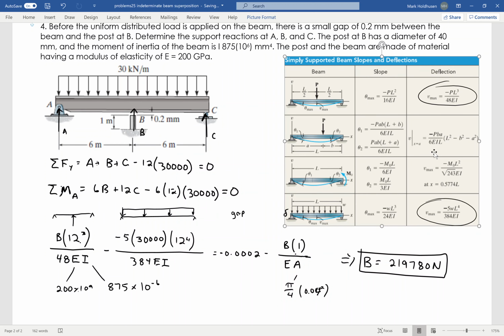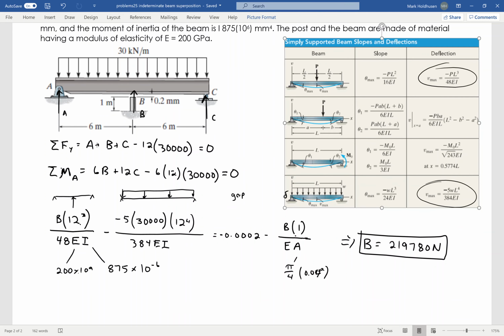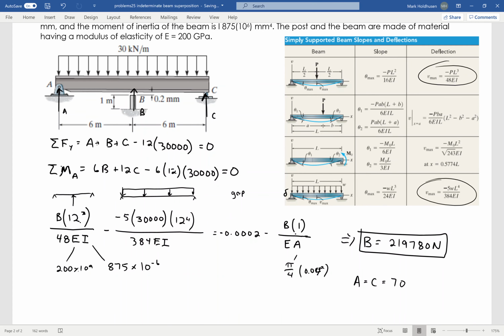And again, I get that by knowing that I have a deflection due to distributed load, pushing back up with a point load at the middle, and that's going to equal the gap plus the deflection of the whole thing, where that deflection is also based on that reaction force at B, right? Once I have that, I can then easily plug things back in, and due to symmetry, I also know that A is going to equal C. So basically, I can say A equals C equals 70,110 newtons.